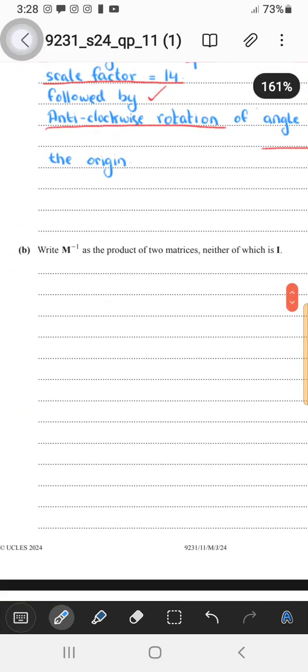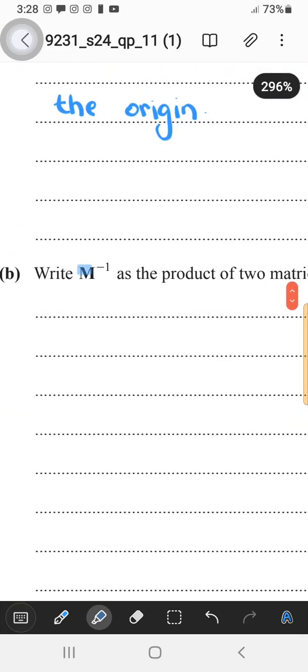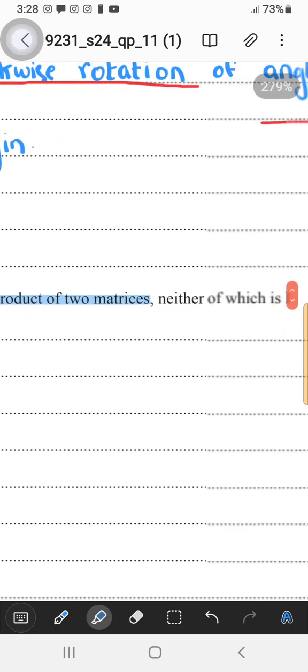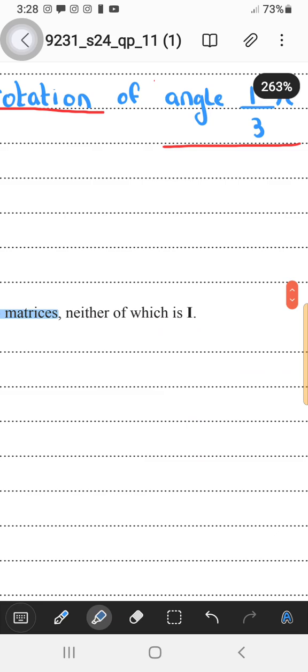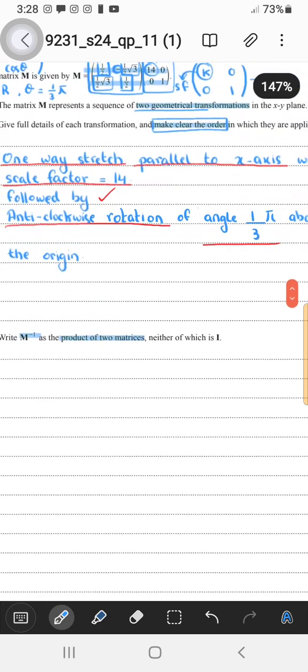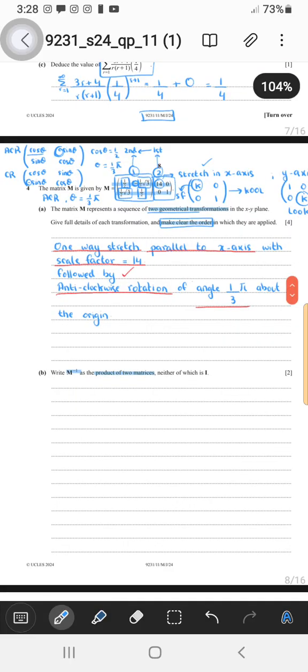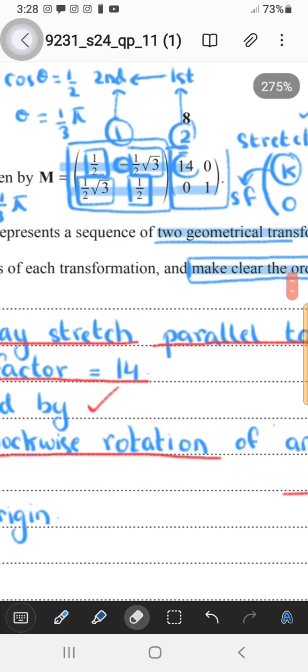Then our part B is: write M inverse as the product of two matrices, neither of which is the identity. I means identity. Product of two matrices.